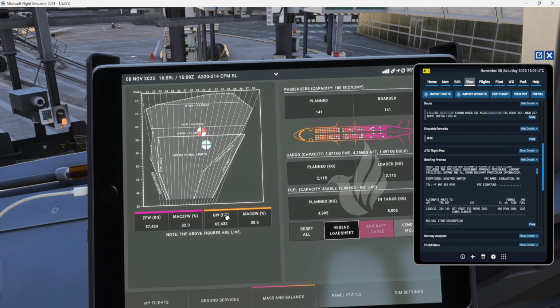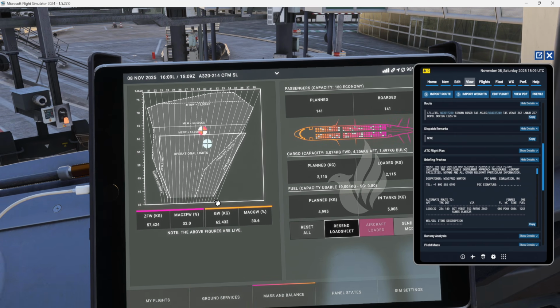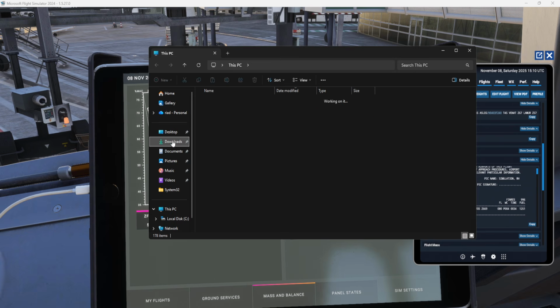So the zero fuel center of gravity, how do we calculate it? You add everything, but you don't add fuel, and then you multiply everything, the moments, and then you get the total weights, you divide the total moments by the total weights, and you get the zero fuel center of gravity. But in this case, let's see it here.